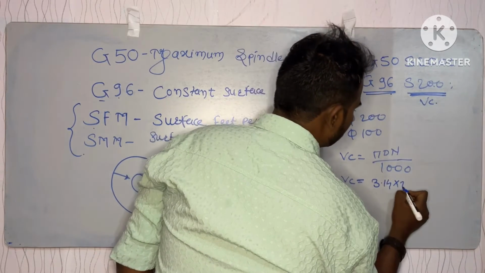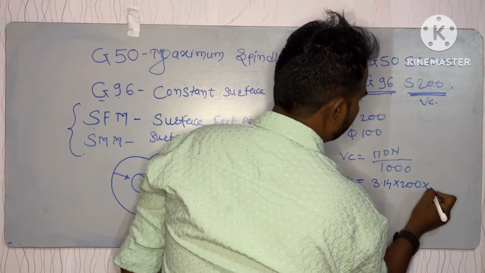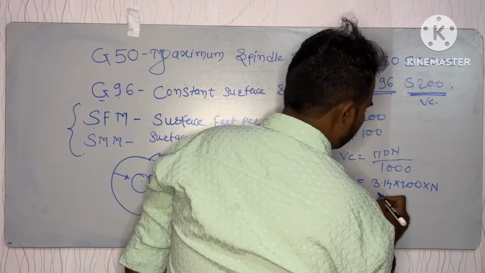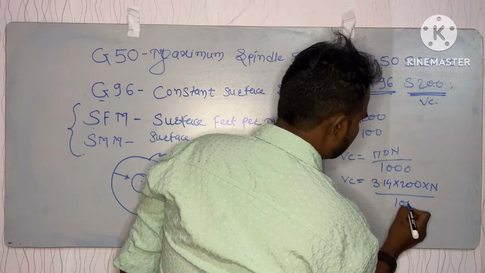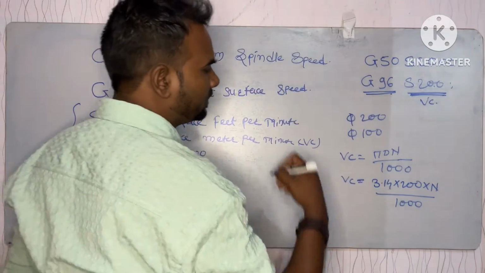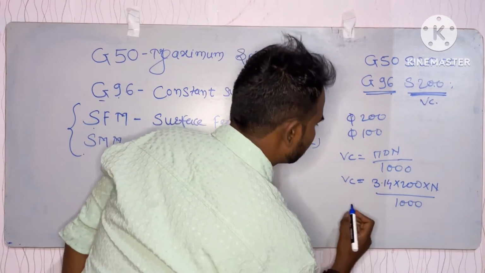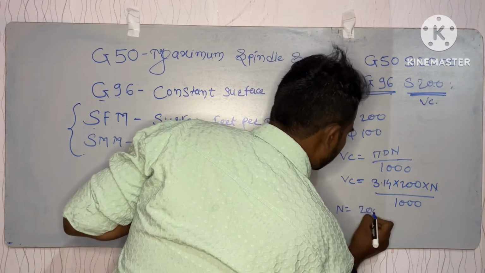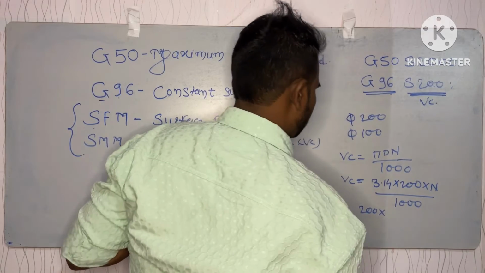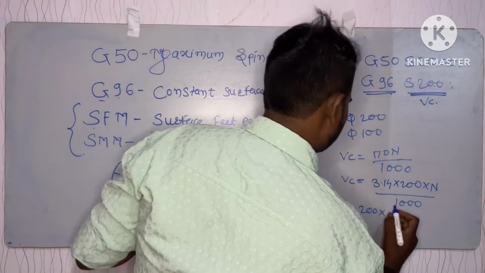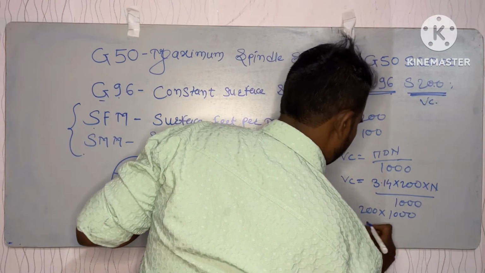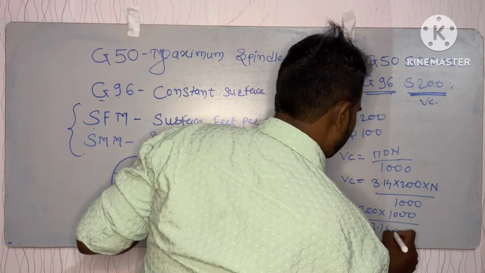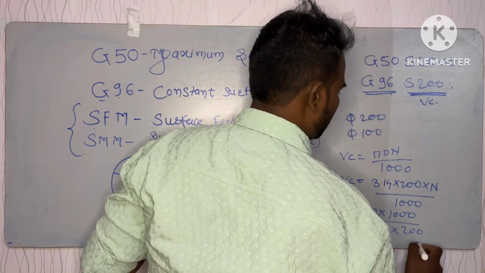What is the diameter? 200. n we don't know yet, divided by 1000. Now we have VC. VC is 200, so n is equal to 200 into 1000 divided by pi d, which is 3.14 into diameter 200.